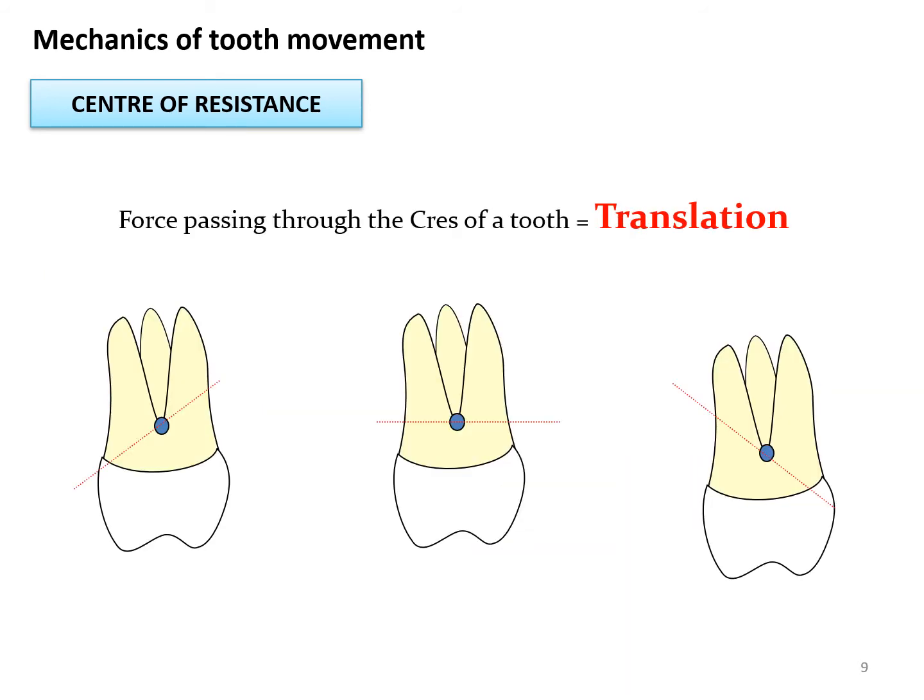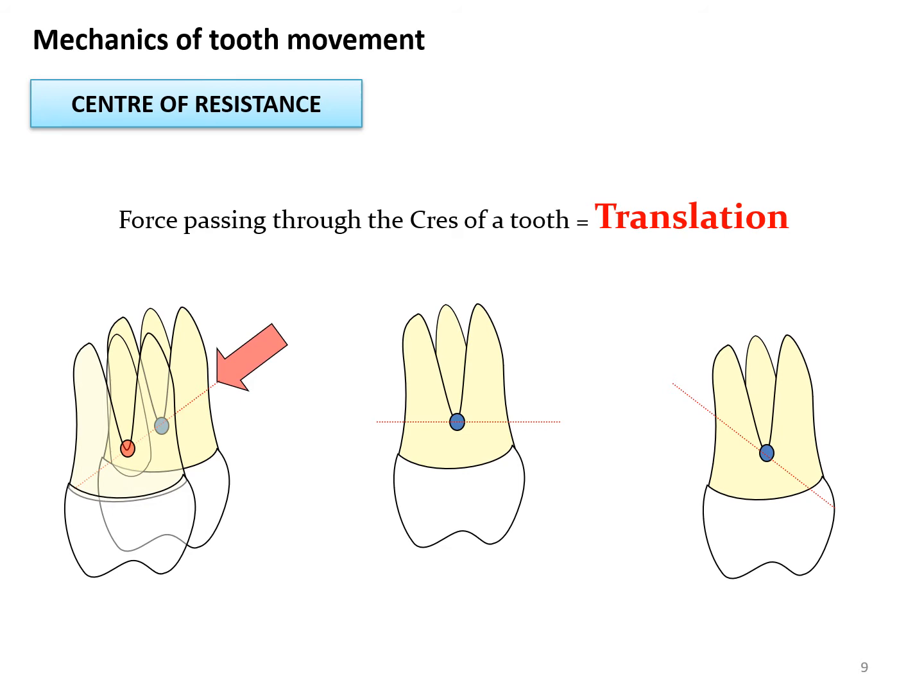So why do we need to know where the center of resistance of a tooth is located? If you want to know in what direction a tooth is going to translate, you have to understand where the center of resistance of a tooth is located. If the center of resistance is located at the furcation area and the force is applied in the direction shown by the arrow, the tooth will translate in that particular direction.